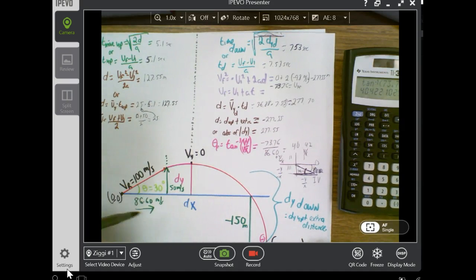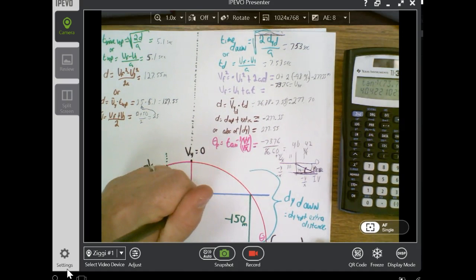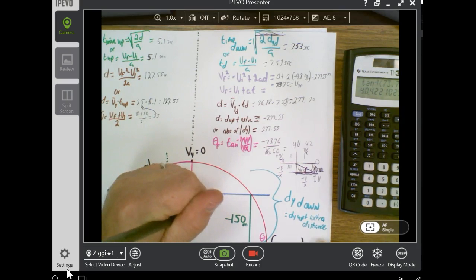Now we figured everything except dx, which is going to be equal to velocity x average multiplied by time total.